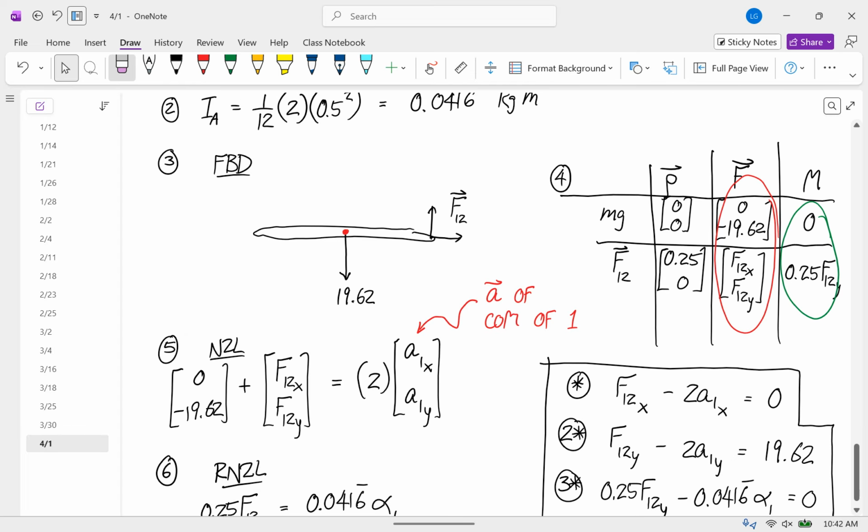So now for the moment of inertia of this one, this is equal to 1/12 times the mass times the length squared plus the parallel axis theorem part, which is the mass, times the square of the distance from the center of mass to the about point, so 0.25.